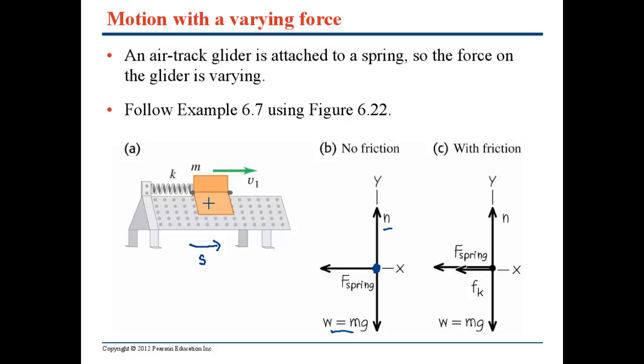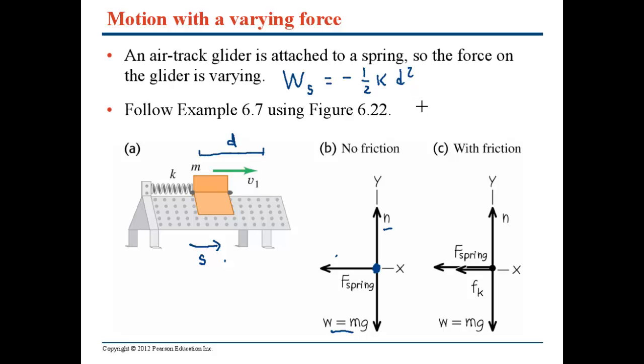So we can see, just looking at this, that the displacement and forces are in opposite directions. So the work done by the spring is going to be negative 1/2 k d squared, where d is going to be the displacement from the initial position.